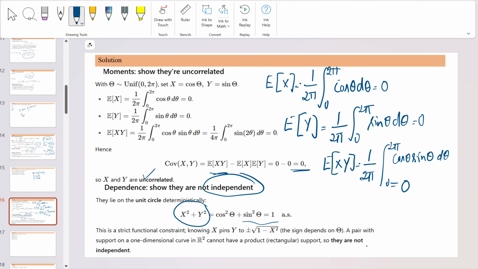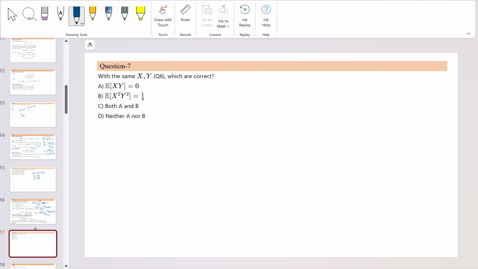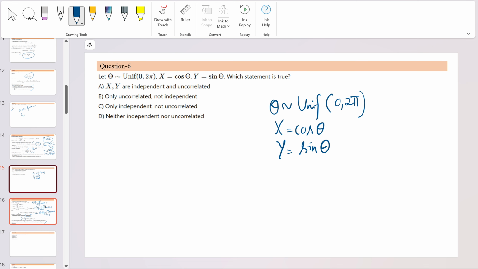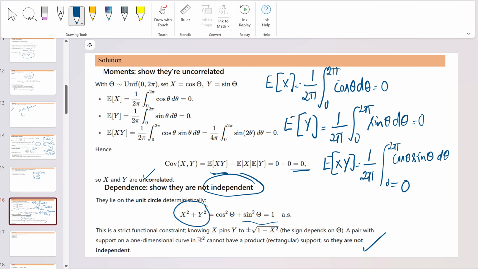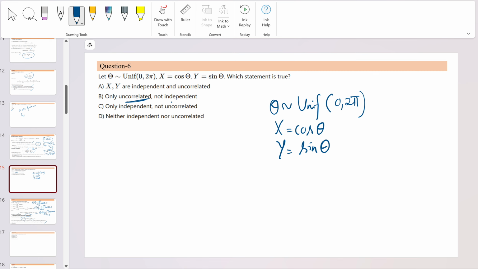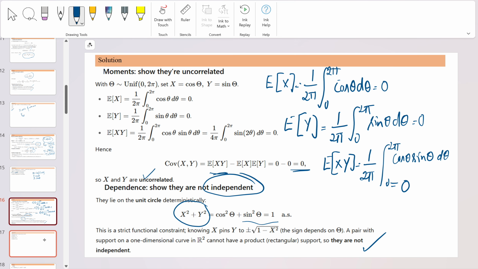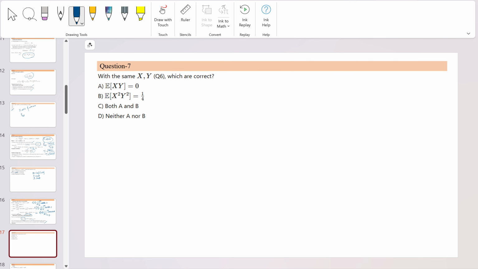So they are not independent. From the figure also, they are uncorrelated but not independent. So option B is correct. Okay, let's move forward and try to solve this problem.